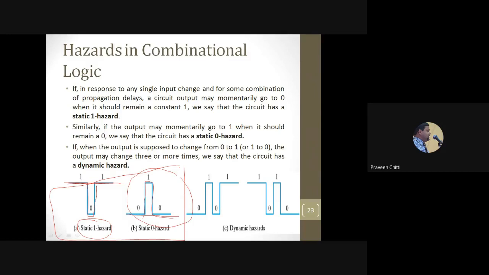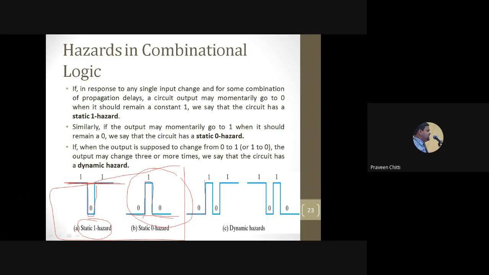It is not permanent. Whereas in some combinational circuits, when the output is supposed to change from 0 to 1 or from 1 to 0, the output may change three or more times. Then that circuit is said to have a dynamic hazard. Change is allowed, but there should be only one change.